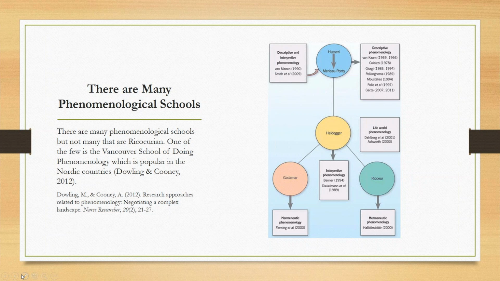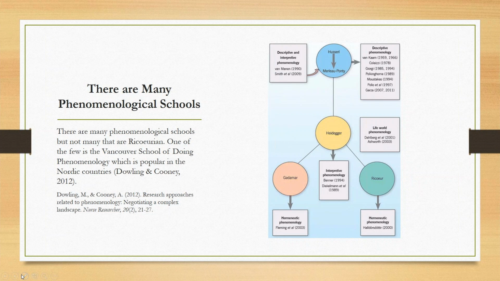Dowling and Cooney published a paper in 2012 called Research Approaches Related to Phenomenology, Negotiating a Complex Landscape. It was published in Nurse Researcher, and I found it very helpful, even if the way they categorize the different schools can be debated.